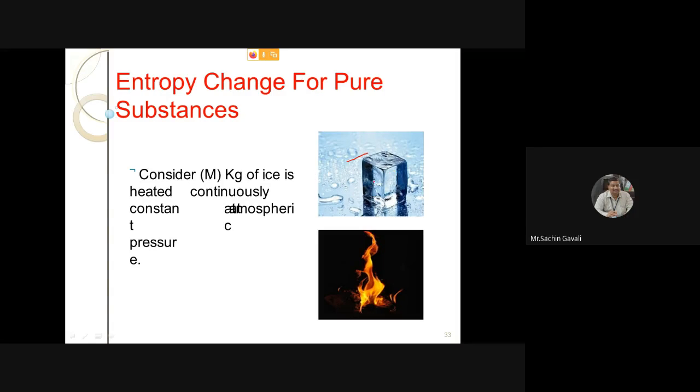If this ice is heated with the help of heat at constant pressure, meaning atmospheric condition, what will happen? First of all, I want someone from your side to unmute and tell me: imagine that ice is there in atmospheric conditions, don't worry about mass, and we have started heating that ice.